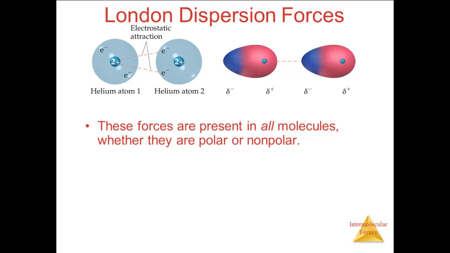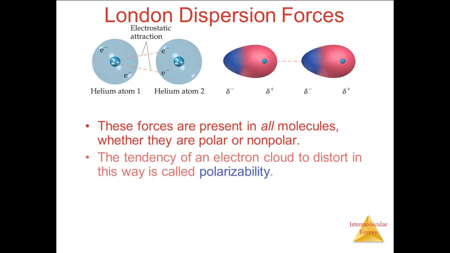This pattern can occur in nonpolar molecules and in polar molecules. Polarizability is the word used to describe the tendency to have electrons distorted in this way. So London dispersion forces, or simply dispersion forces, occur between temporary dipoles.